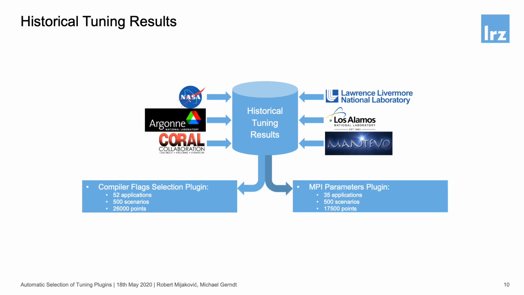Each plugin has its own set of applications: CFS with 52 applications, and the MPI Parameters plugin with 35 applications. The resulting dataset is 26,000 points for the Compiler Flags Selection plugin and 17,500 points for the MPI Parameters plugin.